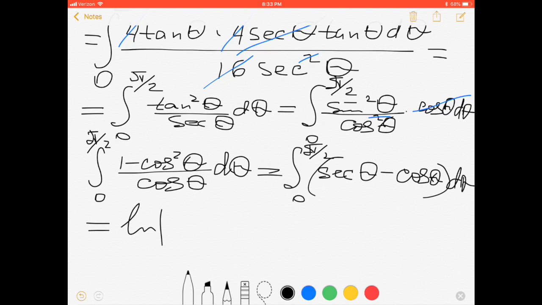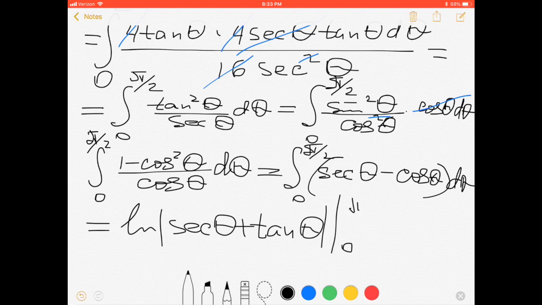Here I have natural log of secant theta plus tangent theta from 0 to pi over 2, and minus cosine theta. Sorry, I automatically made a mistake. This will be minus sine theta from 0 to pi over 2.